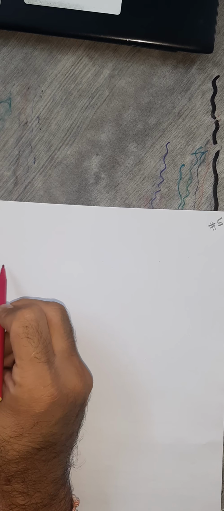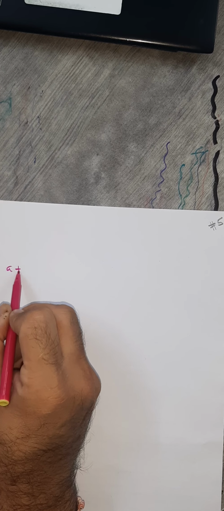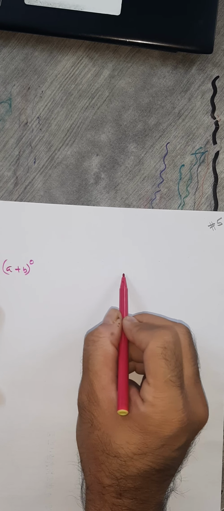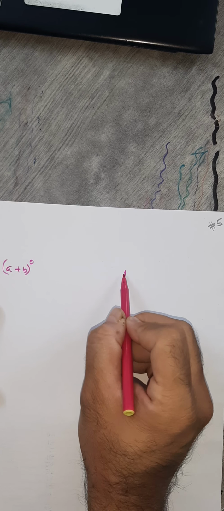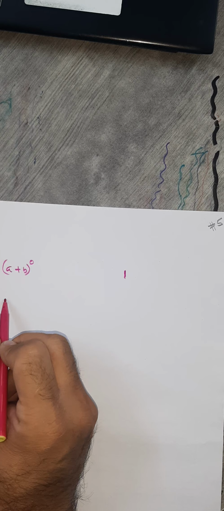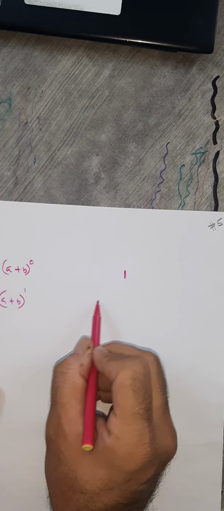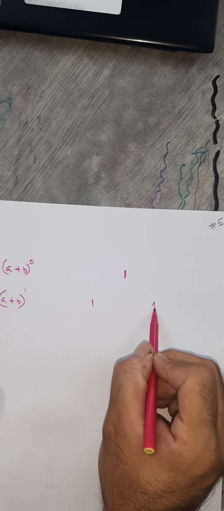Now here, let's try one more thing. If I have a plus b the whole raised to 0, it means it is just 1. Fine. If I have a plus b the whole raised to 1, what are the coefficients? 1 and 1.